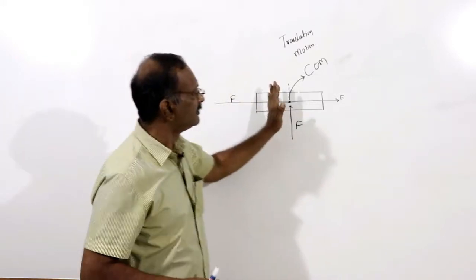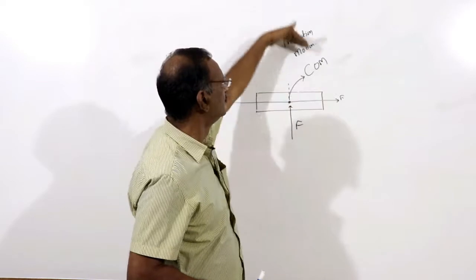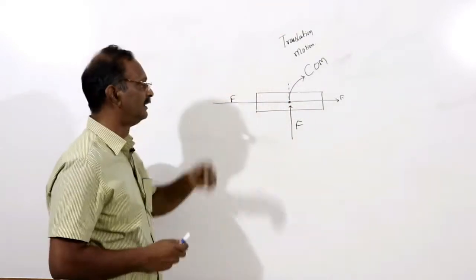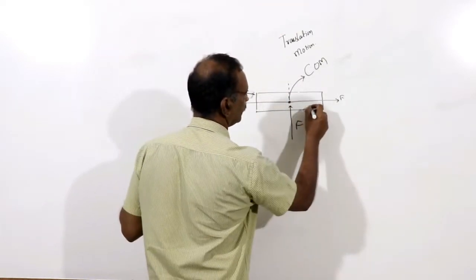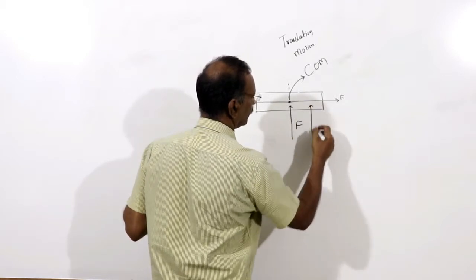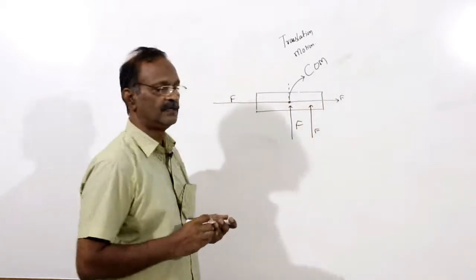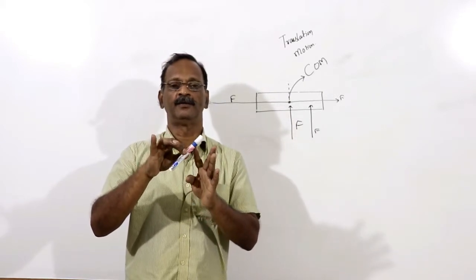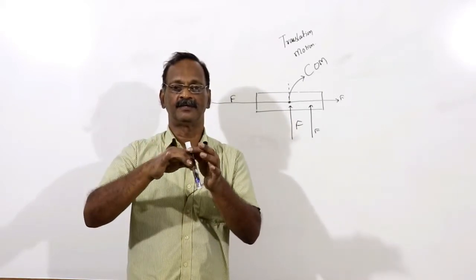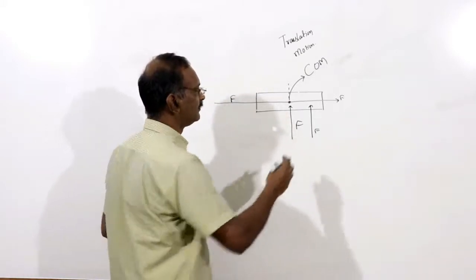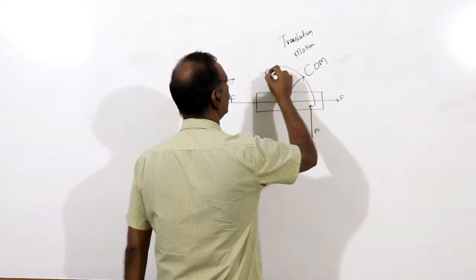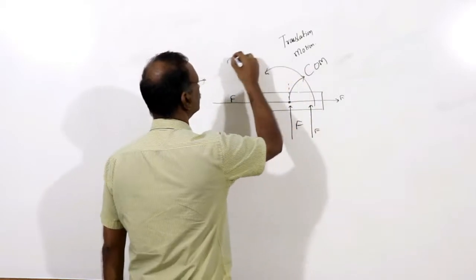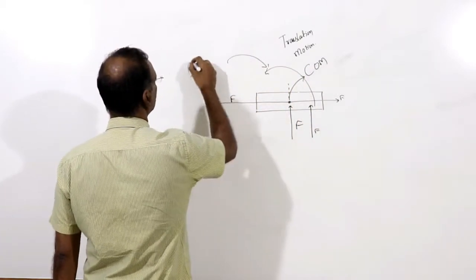Now suppose we apply a force F at a point other than the center of mass. The body will tend to rotate about the center of mass, in this force will tend to rotate the body like this. And this motion we call rotational motion.